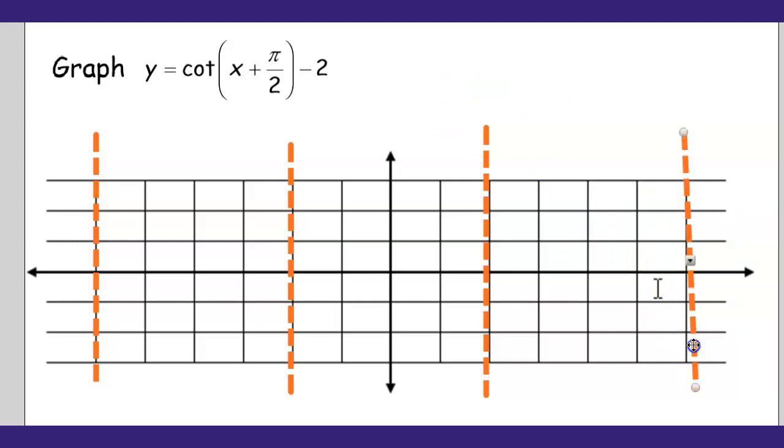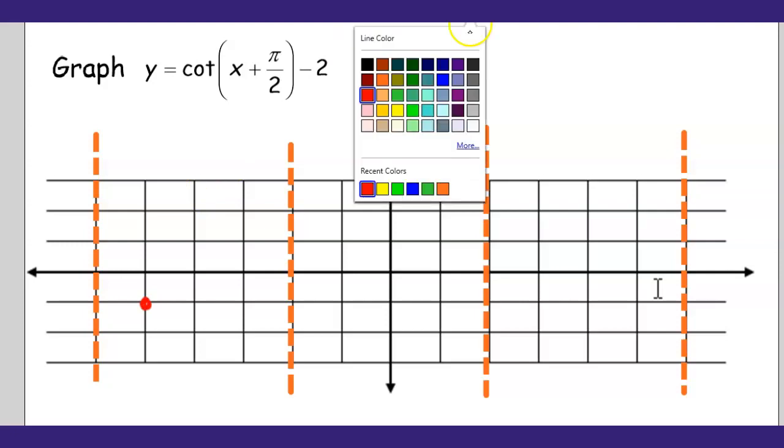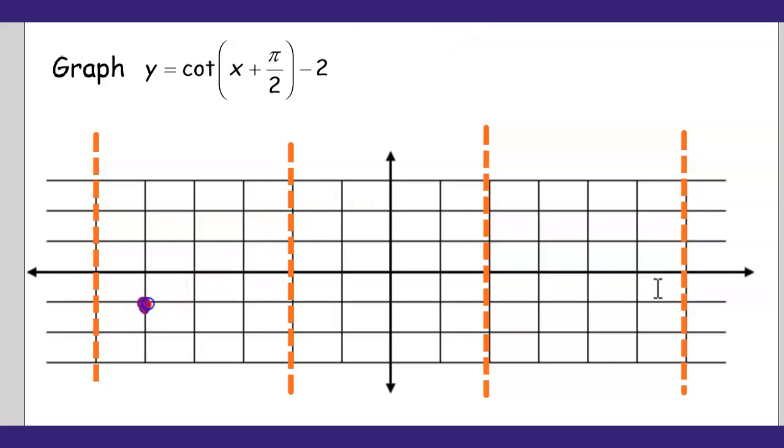And then all the points are going to move down 2. So where we had this point at 1, it's now right here. Let's use another color. This point was at 0, down 2, and this point was at -1, so down 2.